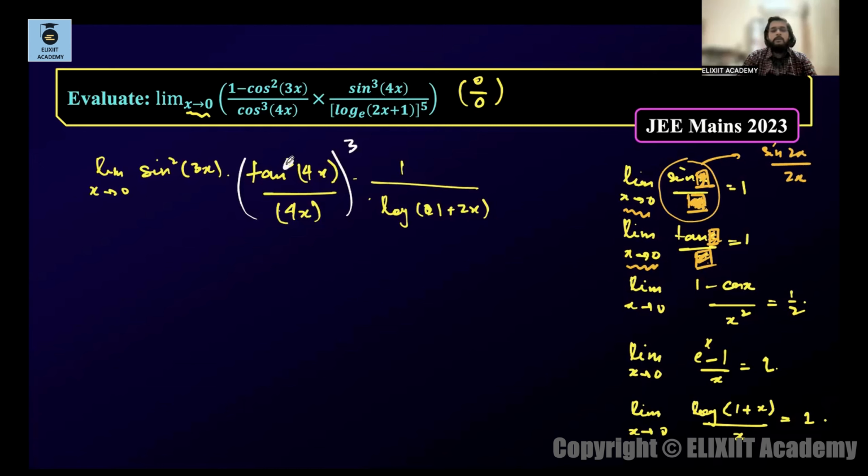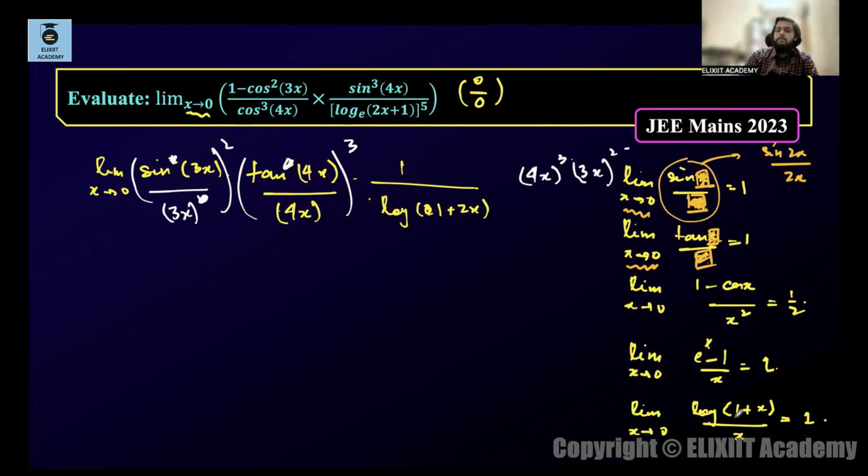Because we are dividing, we have to multiply also to balance this. So 4x whole cube we have taken extra. Similarly here, we can take 3x whole square extra, dividing by 3x whole square, so we have to multiply also.